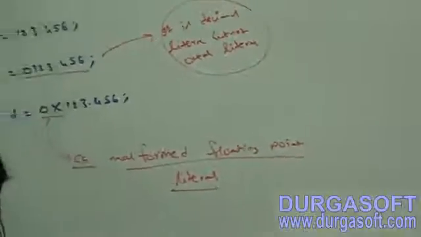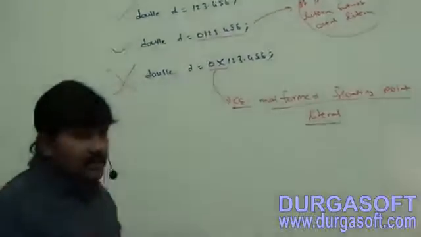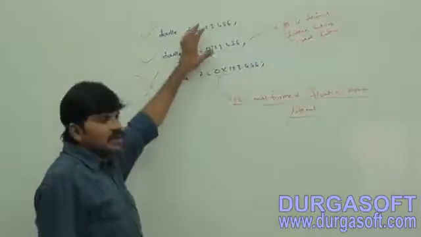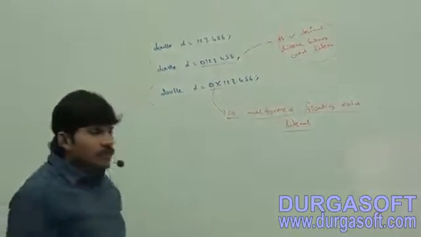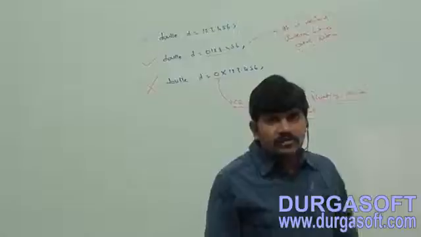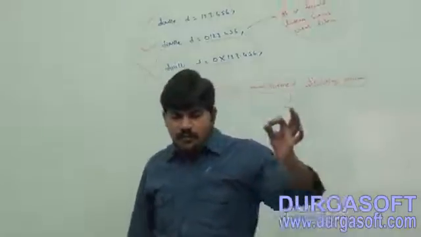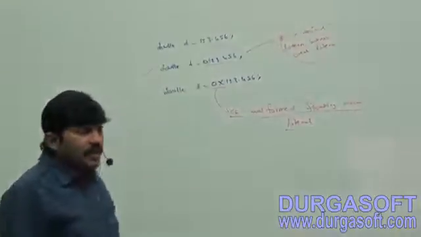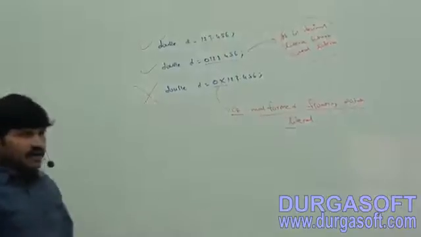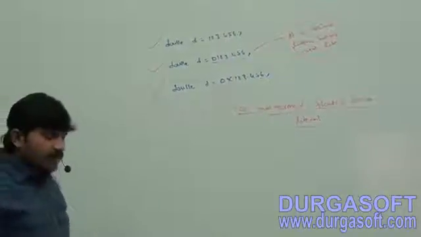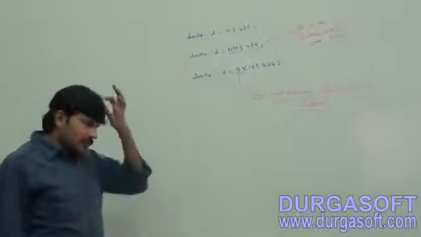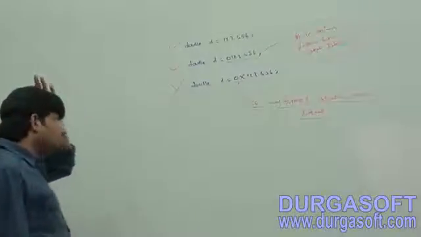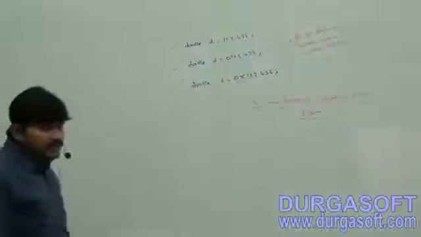We can specify floating point literals only in decimal form. Octal and hexadecimal forms are not allowed.